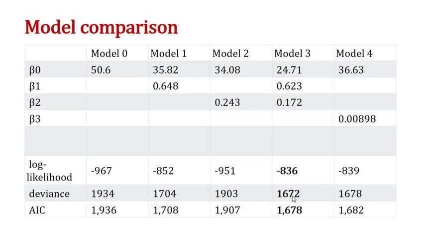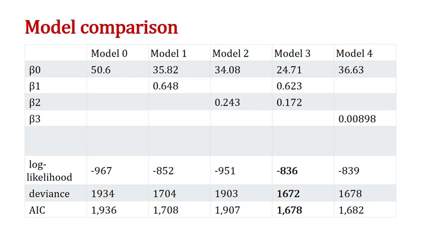So basically, we want the lower value of deviance. So we want the highest likelihood or log likelihood, but we want a lower deviance. The lowest deviance is in model 3, and with AIC we penalize for parameters.